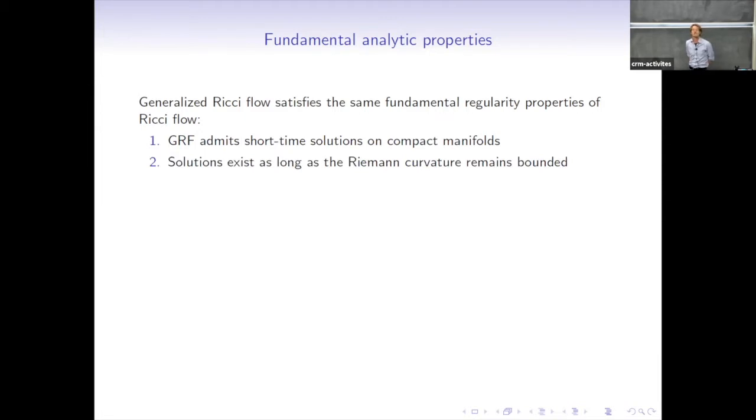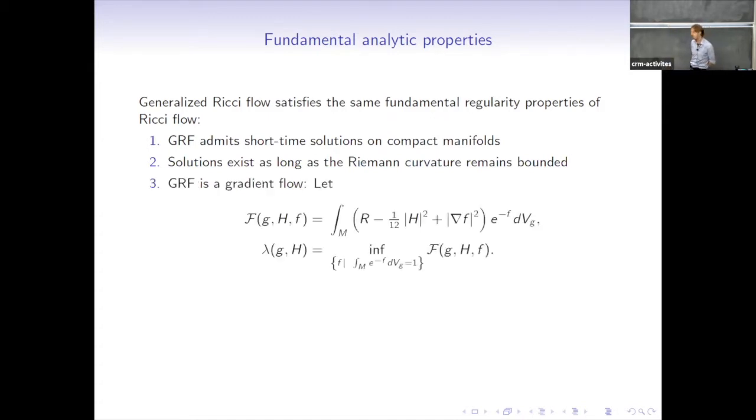You can also prove that solutions exist as long as you have control: as long as the geometry G is controlled, H is controlled, and everything is controlled. And then, more interestingly, what goes on with the generalized gradient flow.